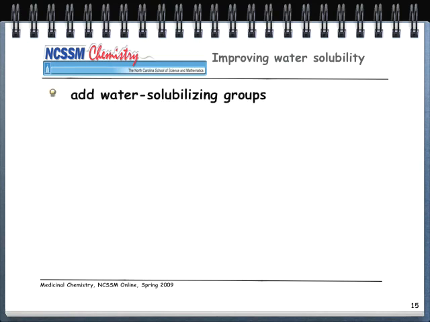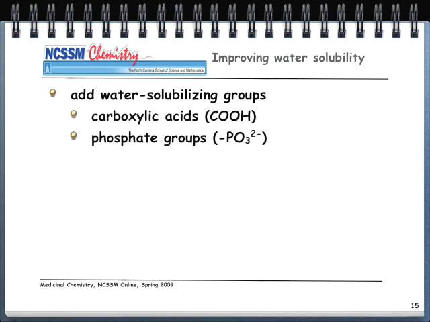Okay, we can add water solubilizing groups, like again, carboxylic acids. We can add phosphate groups with their -2 charge. We can add sulfonic acid groups. There's one too many P's there in sulfonic, I think. That's an S double bond O, O2H group, so we can add those in there.